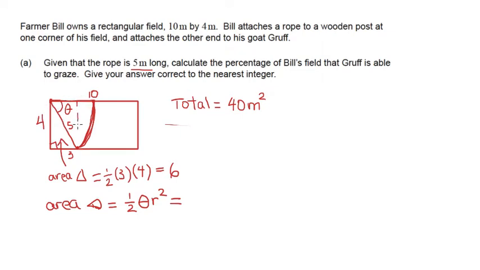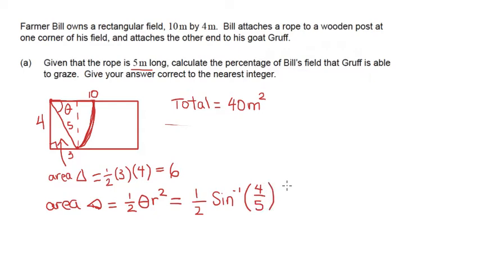If we drew this as another triangle, we can see that theta is going to be the inverse sine of your opposite, which is 4, over hypotenuse, which is 5.